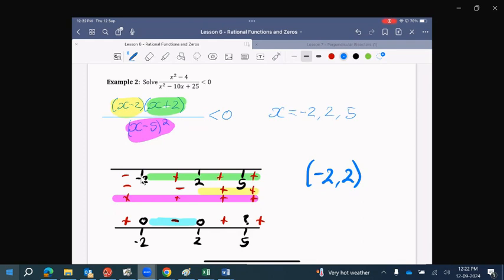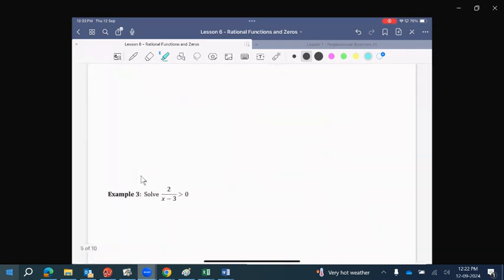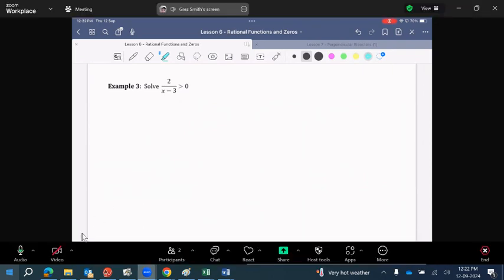Because 2 is 0. Why is 0 no good for us? Because we're looking at the inequality here, and it says smaller than, so not including the 0. All right, take 3 minutes to have a go at this one.